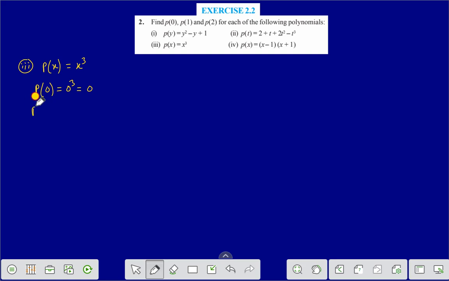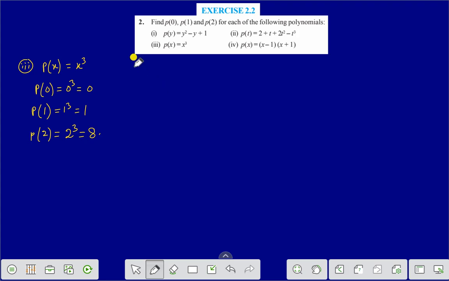If we find P1, then we are getting 1 to the power cube. That is equal to 1. Again, we find P2, then we are getting 2 to the power cube. That means 8. Right? That means we are getting P0 as 0, P1 as 1, and P2 as 8.